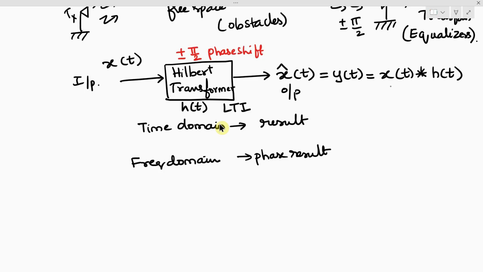Yes, the output from an LTI system is a convolution between input and impulse response. So we have to have knowledge of how h of t can be obtained. That's why I am now trying to explain some concepts here.